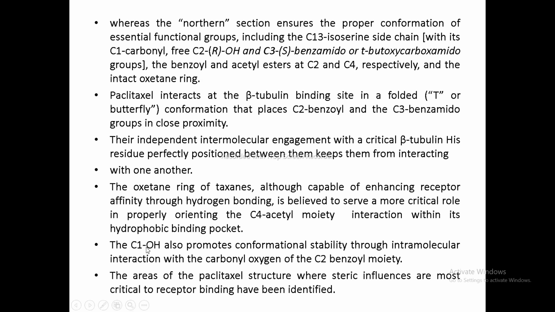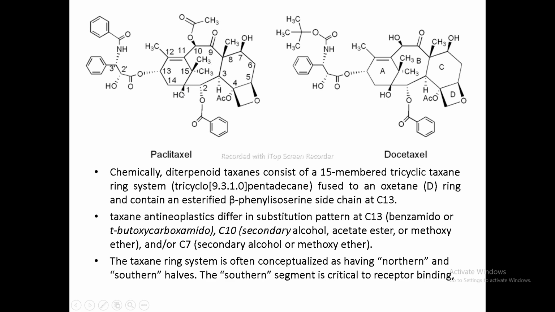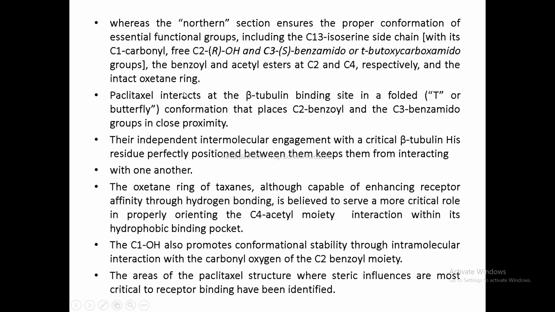Then the C1 hydroxy. The C1 hydroxy also promotes conformational stability through intramolecular interaction with the carbonyl oxygen of the C2 benzoyl moiety, right?